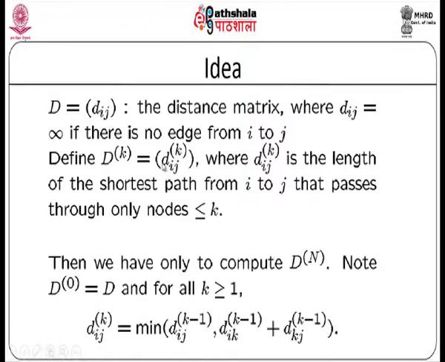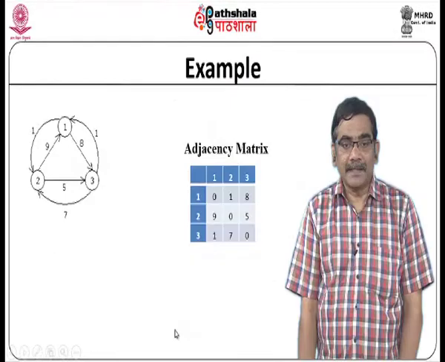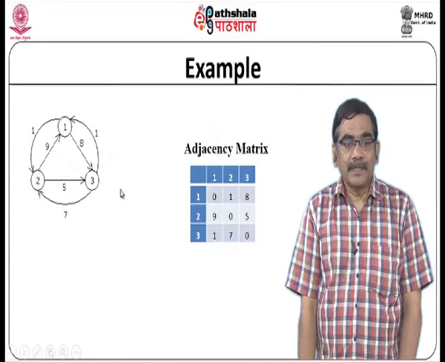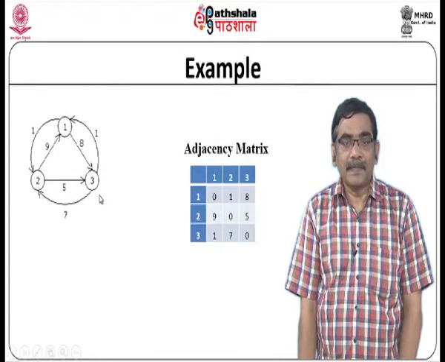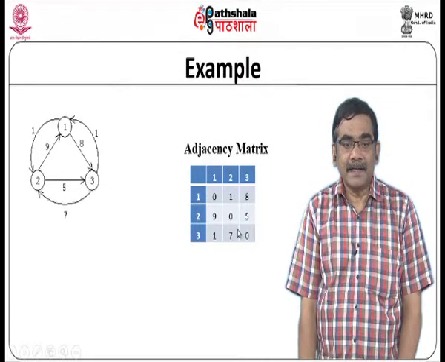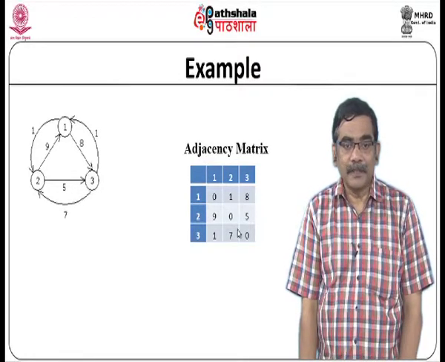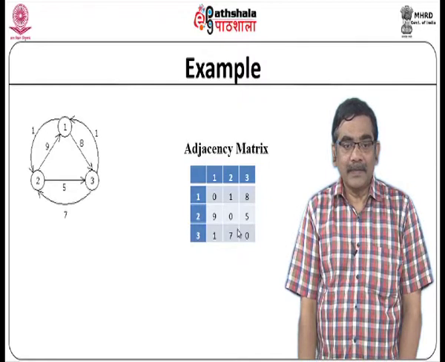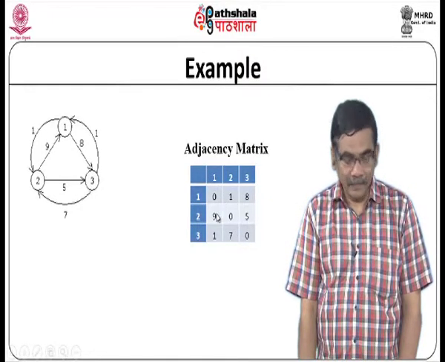The logic is very simple: initialize your distance matrix, then keep on iterating. This is an example of this particular problem. Now you see this is the adjacency matrix. Initially this adjacency matrix is taken as your distance matrix D0. Now, like a transitive closure, you make node 1 active.